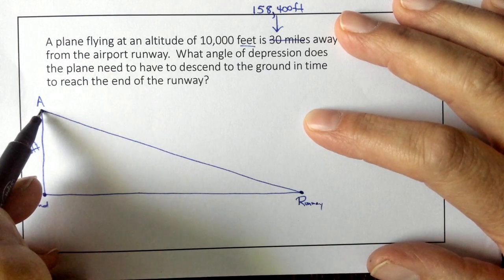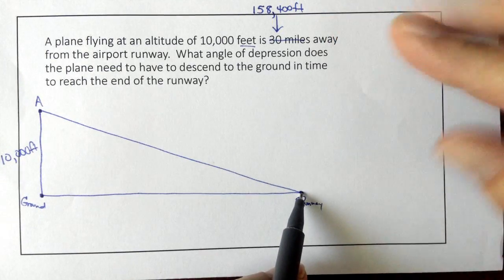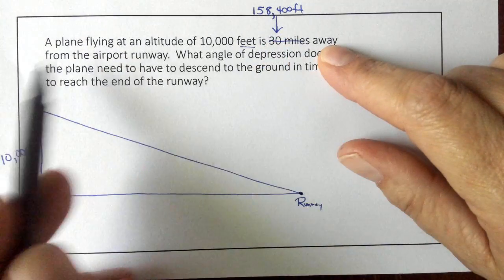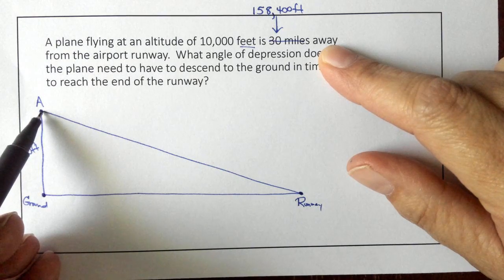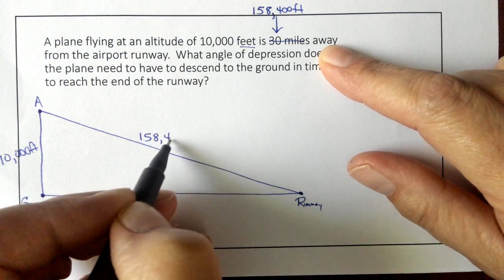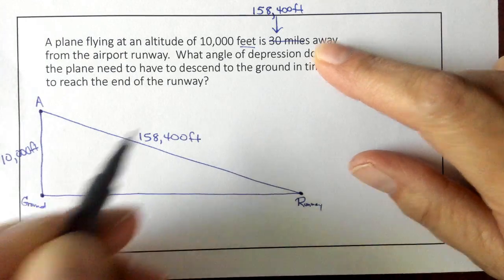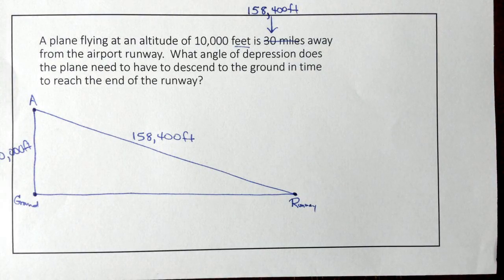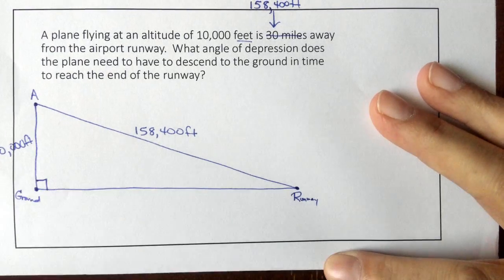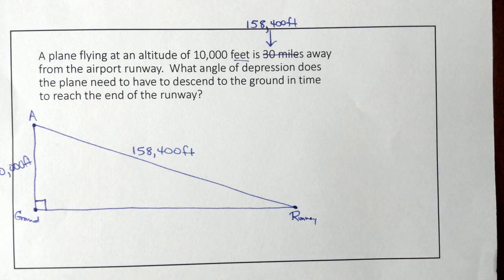The distance from the airplane straight to the runway is 158,400 feet. Yeah, that's a big number, but we have a calculator, so we're not going to worry about it. Okay, we're going to assume that there's a right angle at the ground, which makes the altitude a leg of the triangle.